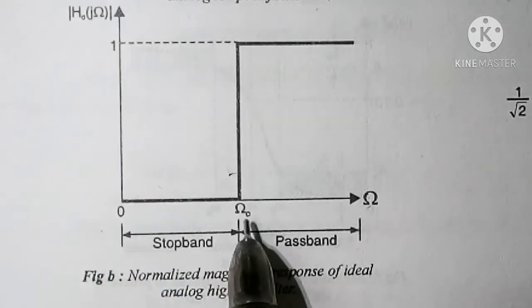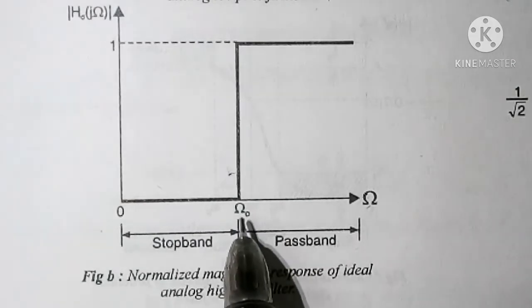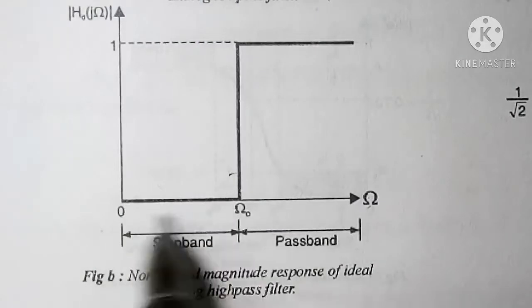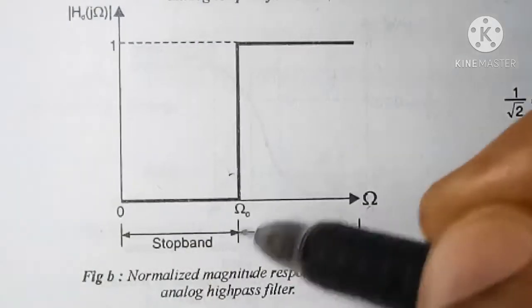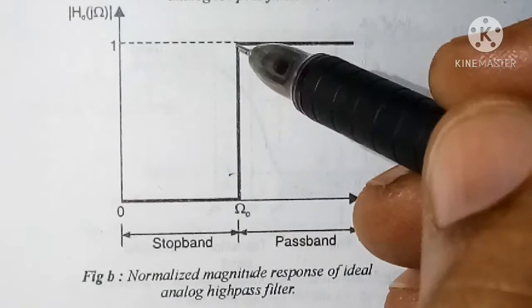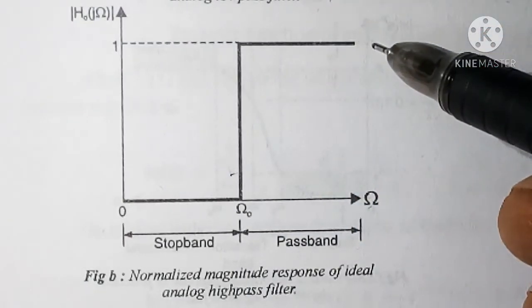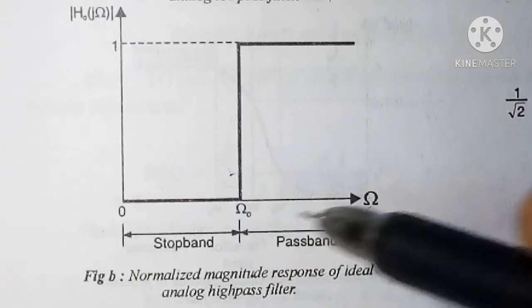Here you can see from 0 to omega c, where omega c is cutoff frequency, the magnitude is equal to 0. And at omega c, the magnitude becomes equal to 1 and it remains constant for all the frequencies above omega c.